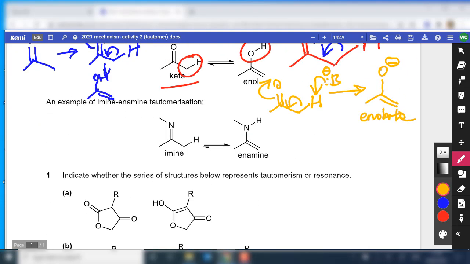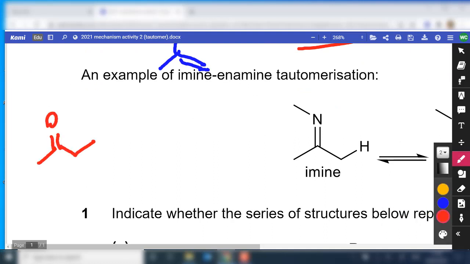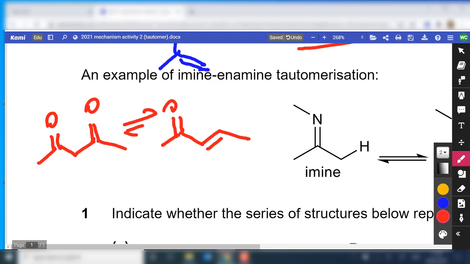So for example, okay, for example, this particular system, I have a keto group here and another keto group here. So there's two ketones flanked by a CH2 in the middle, right? Now, this particular molecule, right, the most stabilized form is actually one of the keto becoming an enol.